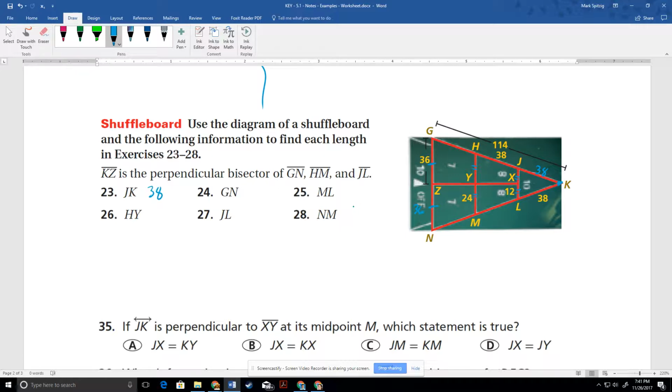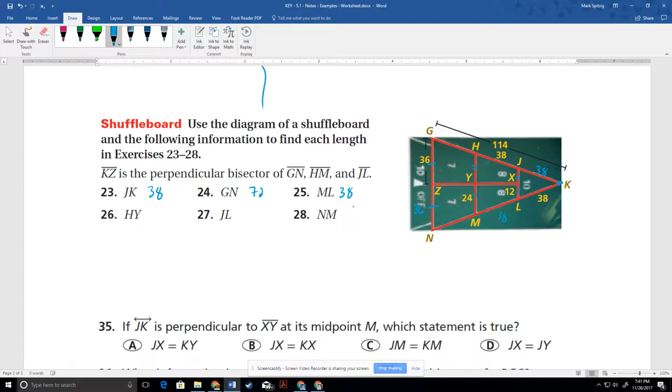And then GN is this whole distance, so that's 36 times 2, or just 72. ML is this distance right here. Again, if this is 38 and this is 38, then this is also going to be 38. You could say that HK is going to be 76, and so MK has to be 76, and if that's 38, I just subtract, but you can realize, of course, that they are the same as well. So ML is just going to be 38.